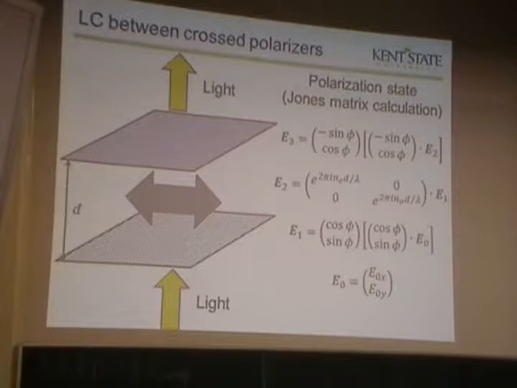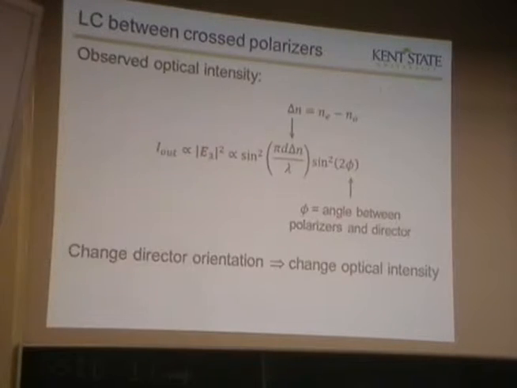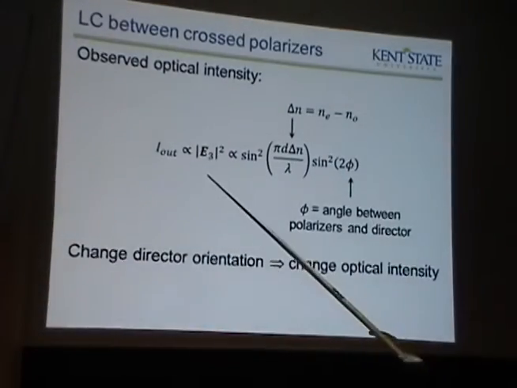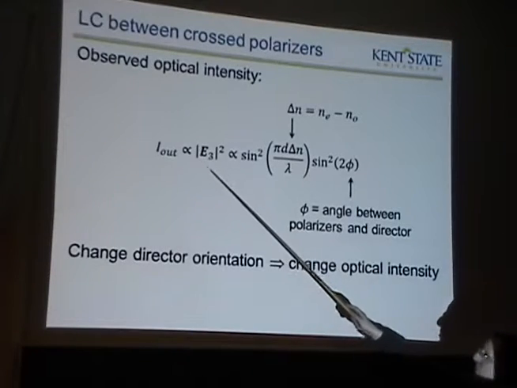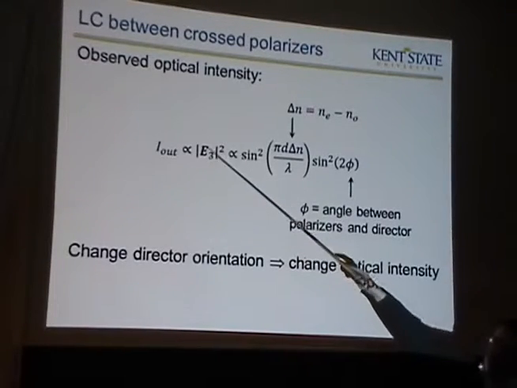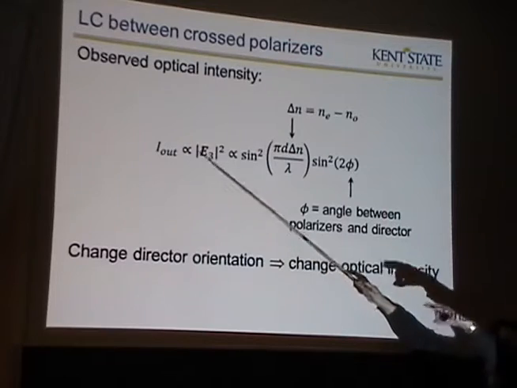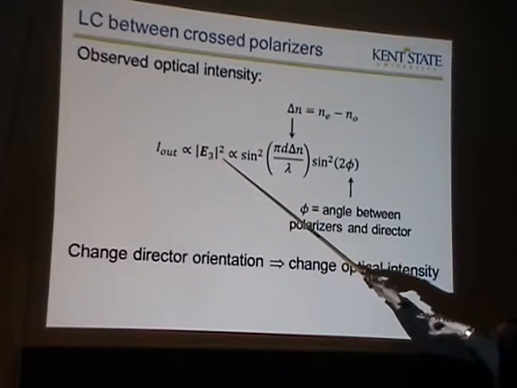Now we have to do this whole series of 2x2 matrix calculations, which you can do by hand or in Mathematica if you're really lazy, and it works. You multiply those out, and then ask what the intensity of light is, which is proportional to this E3, the electric field after passing through all these stages.